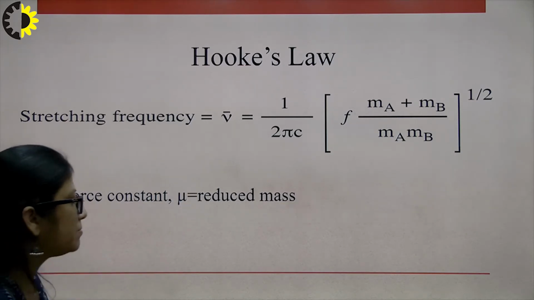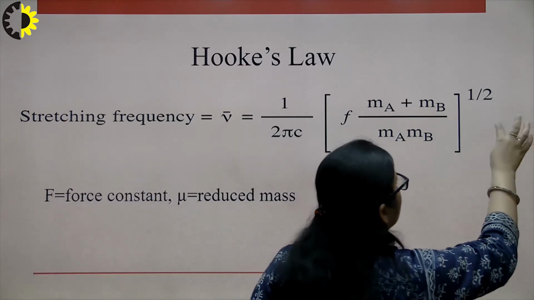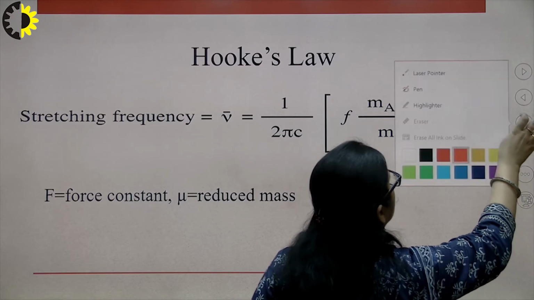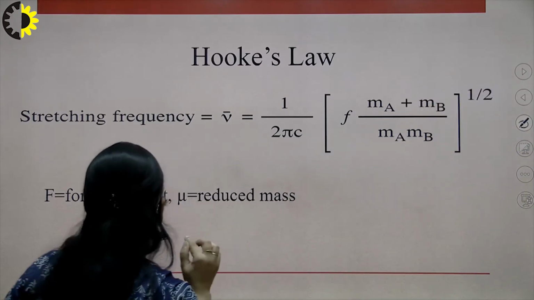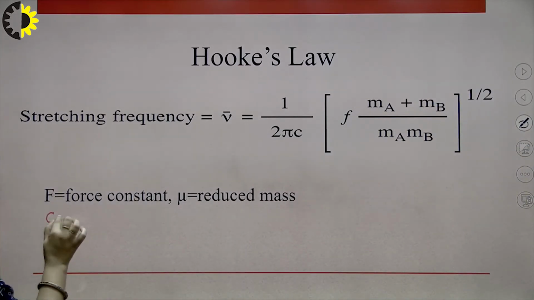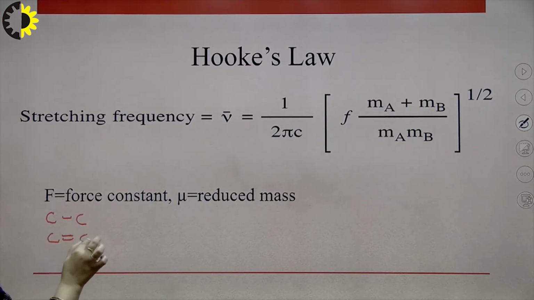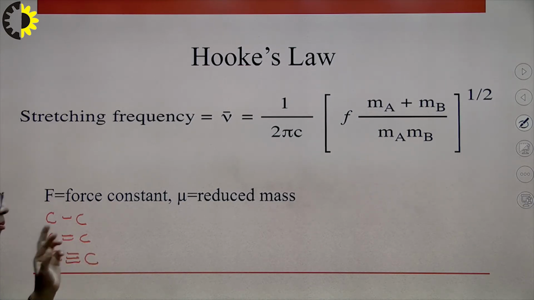For example, if I take C single bond C, C double bond C, C triple bond C. Now, as we can see, the number of bonds increases.